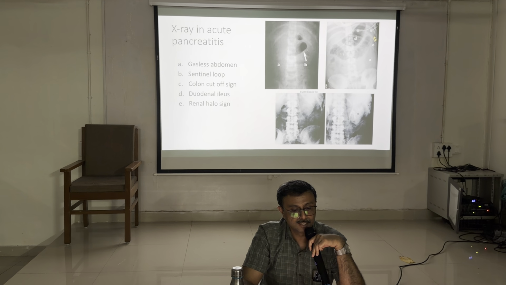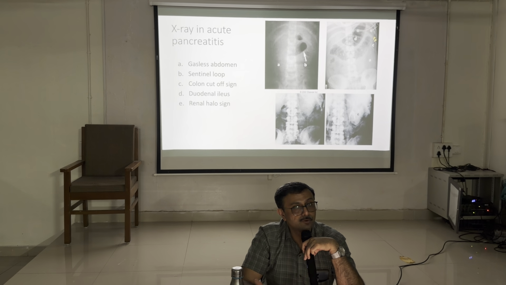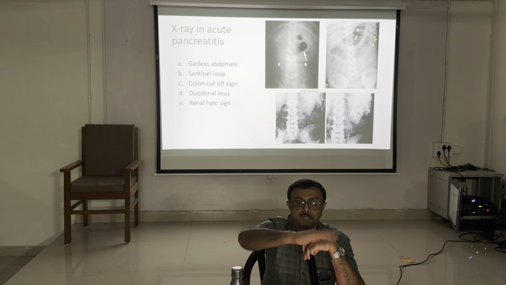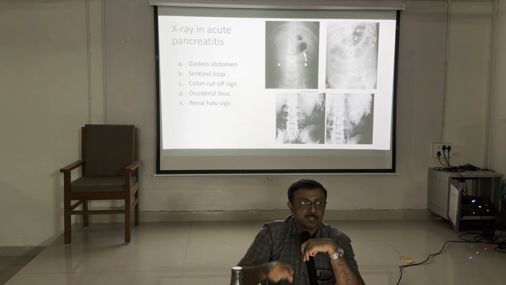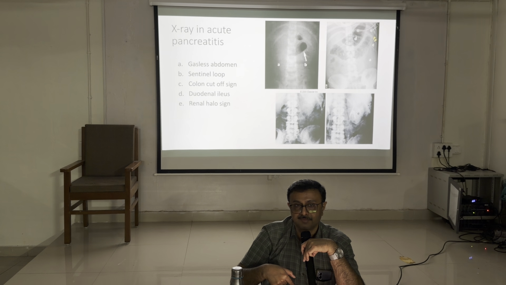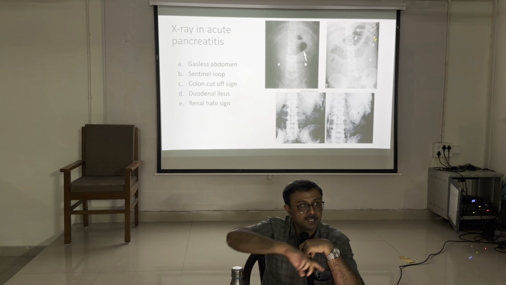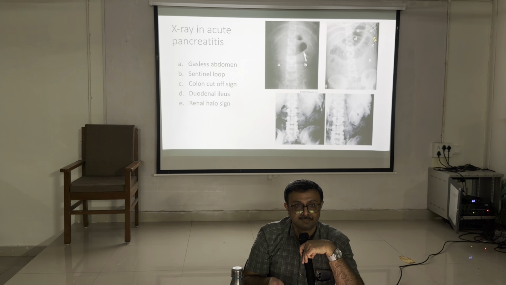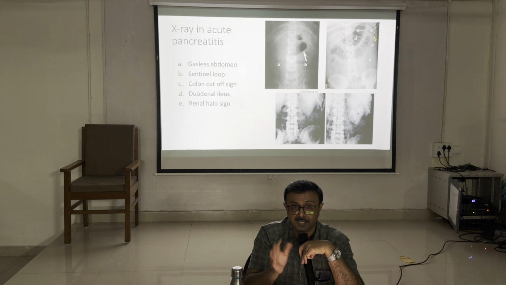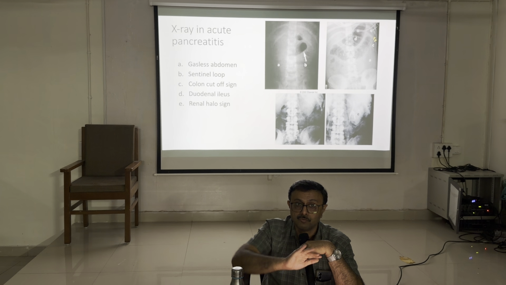Duodenal ileus and renal halo sign. Again, retroperitoneal fluid collection is there. There is the kidney, the perinephric space and the paranephric space. Remember perinephric and paranephric spaces. Fluid is collected in the paranephric space, and there is a fascia and the kidney.